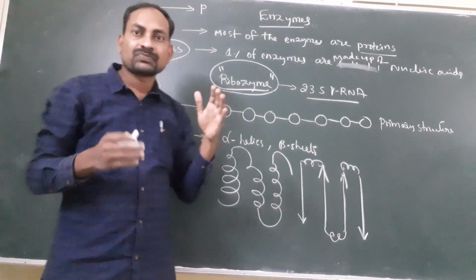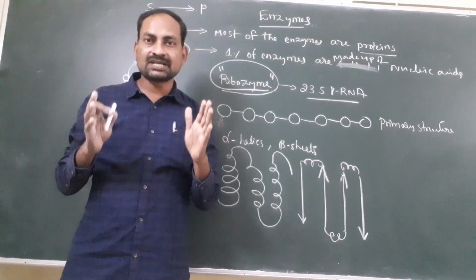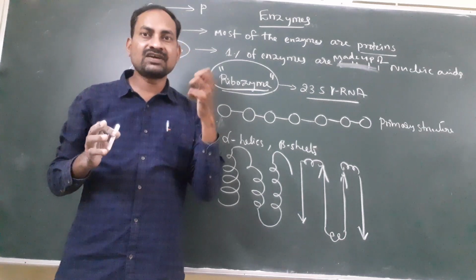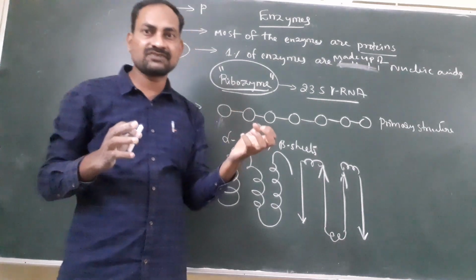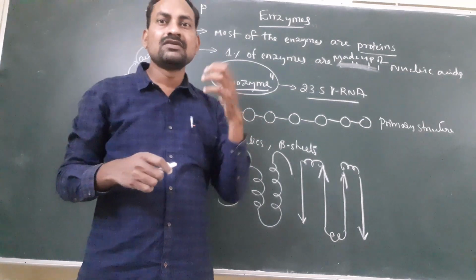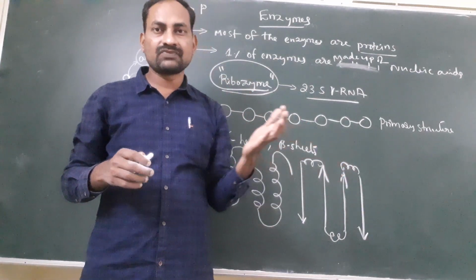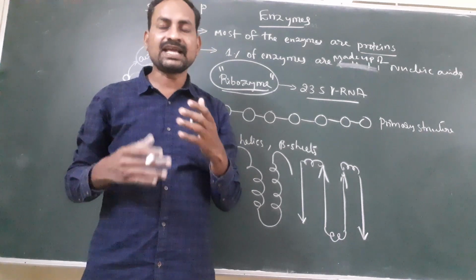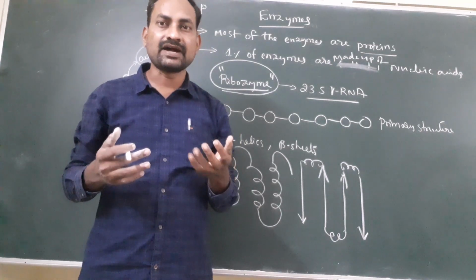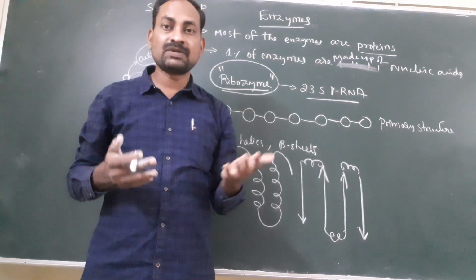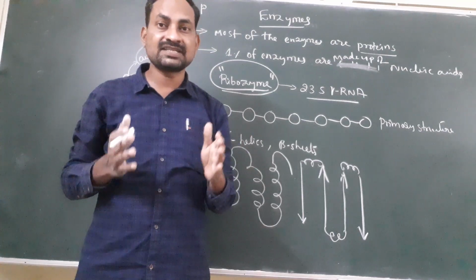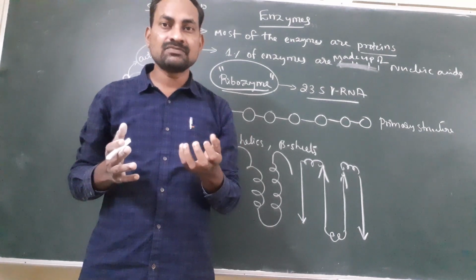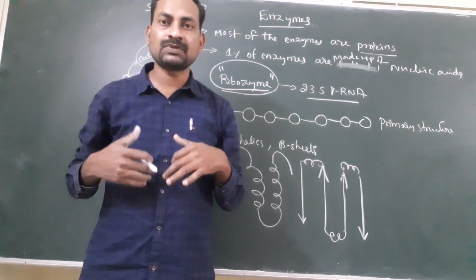Okay, but enzyme catalyzed reaction differs in some characteristic features. For example, chemical reactions take place at high pressures and high temperatures, but enzyme catalyzed reactions require low temperature, or you can say body temperature.